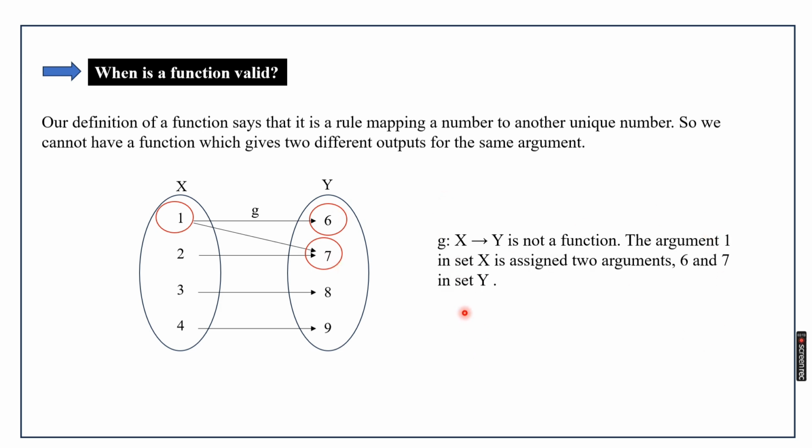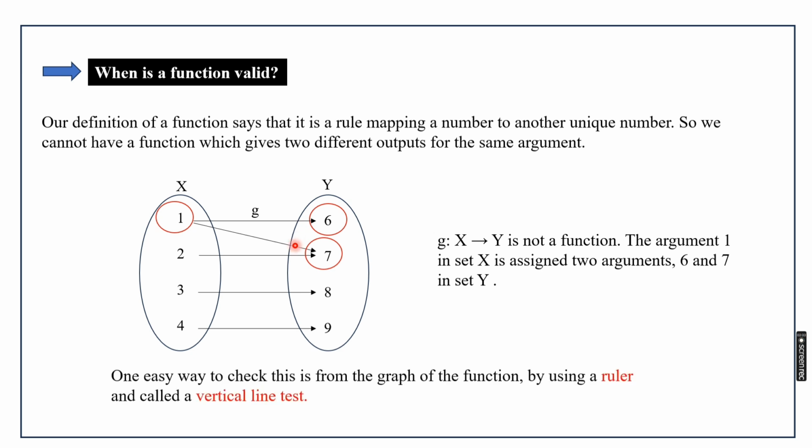The argument 1 in set X is assigned to arguments 6 and 7 in set Y. So we have one independent variable but two dependent variables. We cannot have this, so it's not a function.